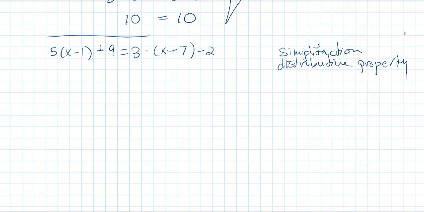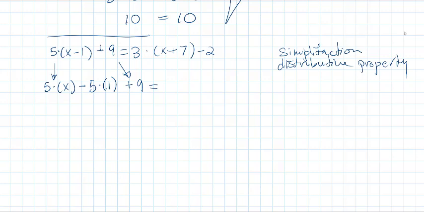So let's do this step by step. First, we'll do 5 times x minus 1. So we have 5 times x minus 5 times 1. That's our first element. Then we will add to that the 9, and by that we have dealt with our left-hand side.